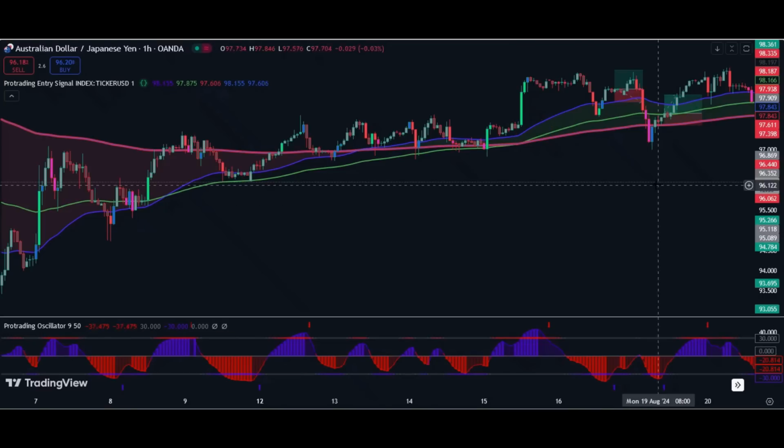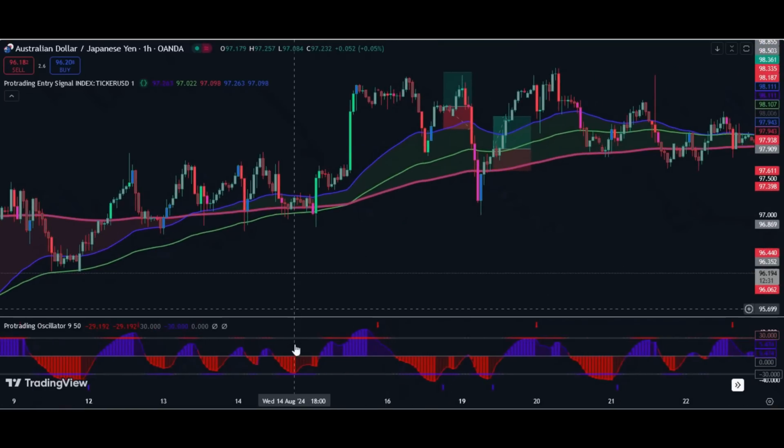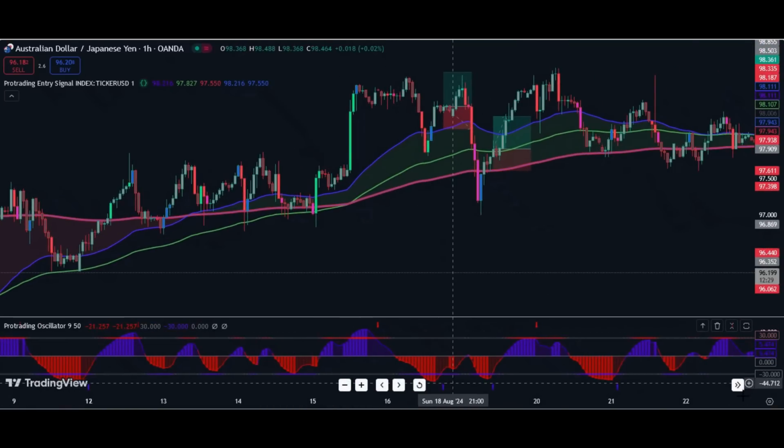If you look, you'll see that we check the oscillator here. The oscillator is giving us an opportunity to buy the market, and this is the candle which is above all the moving averages. We open our buy trade, and this trade was against us, and here we were stopped out.